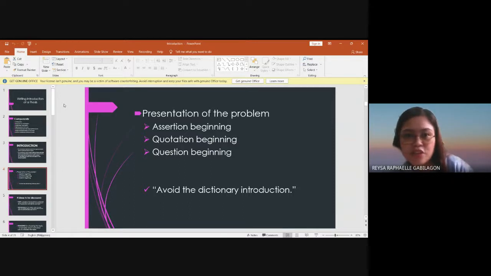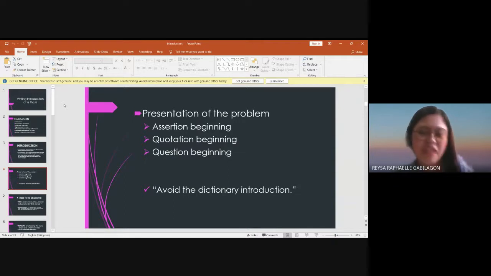Sa introduction naman, we present the problem either using an assertion beginning, a quotation beginning, or a question beginning. We don't really directly use a dictionary introduction. When I say dictionary introduction, syempre, like for example, our topic is about diabetes and we will directly in the introduction state the meaning, the dictionary meaning sa diabetes.